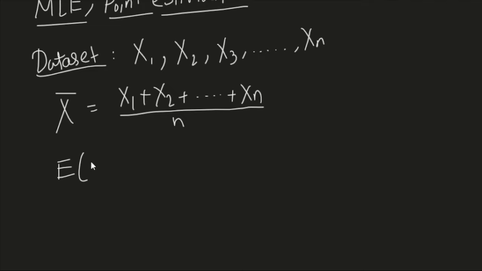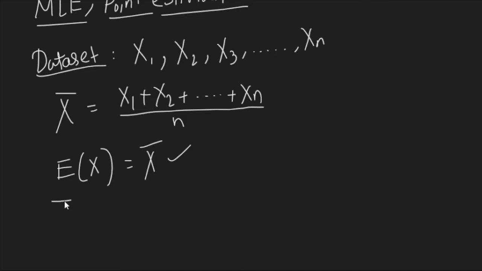The average, which is given like this, the average E of x, or the expectation of the data set, if the data set is discrete here in this case, is basically equal to the sample mean, right? And this sample mean is the best estimator for the population mean.